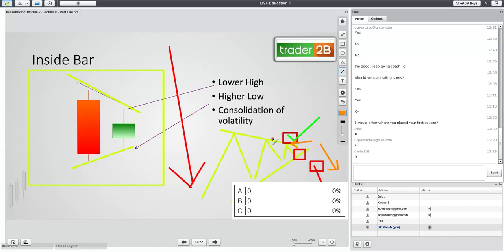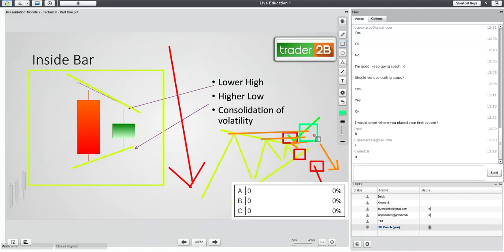Why is that? Because there are established levels here. This level here is higher than the level that we entered, and this level here is higher than the next level that we entered. So our risk zone, what we're risking, is this much, from our entry price to the first orange line and the second orange line above our entry price.